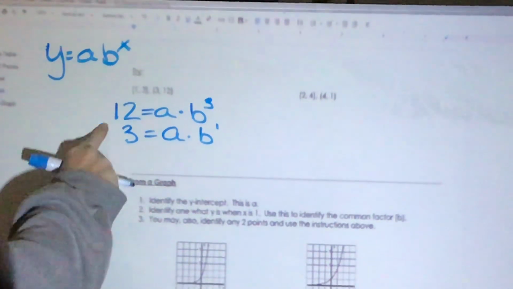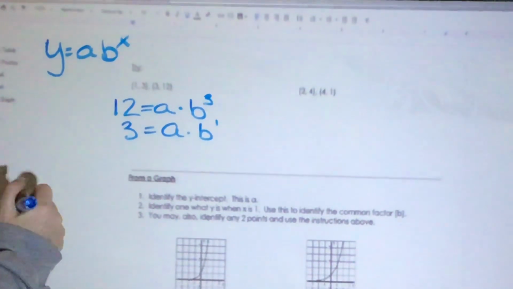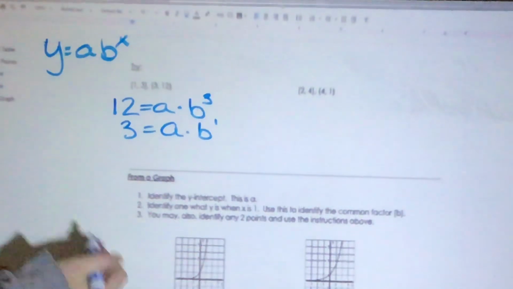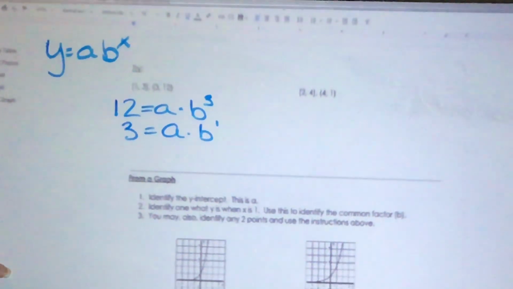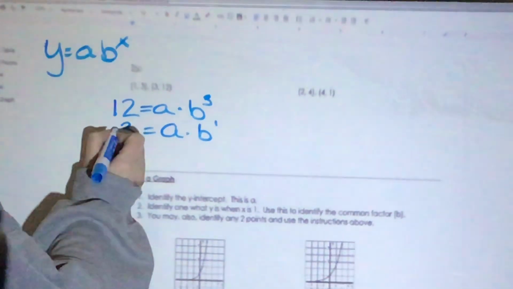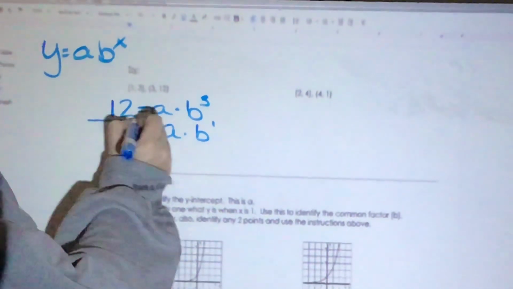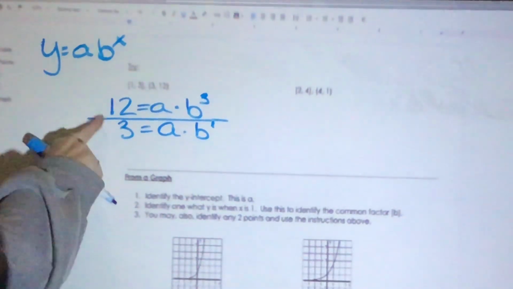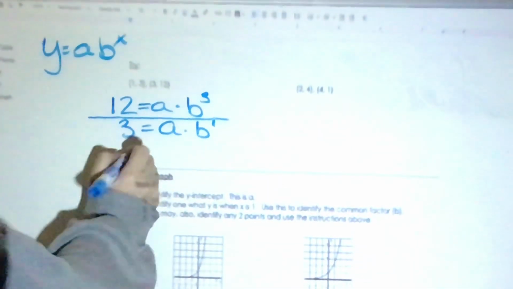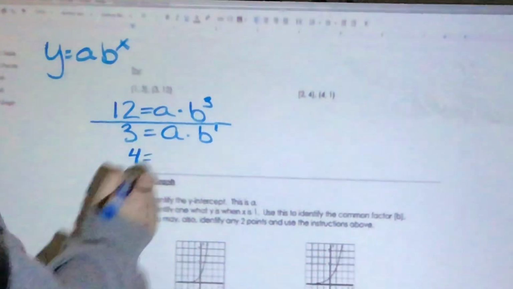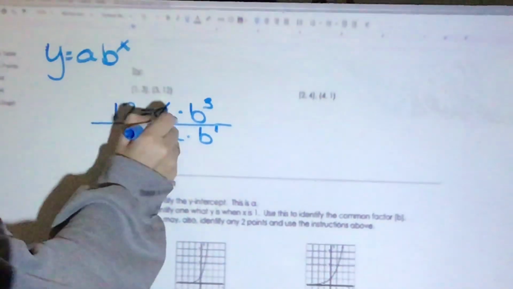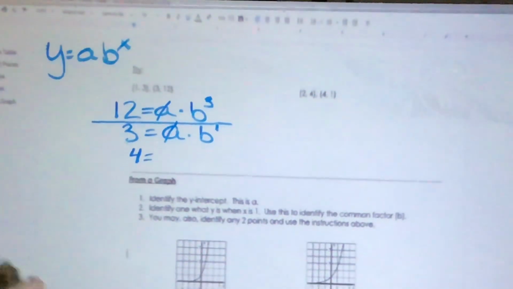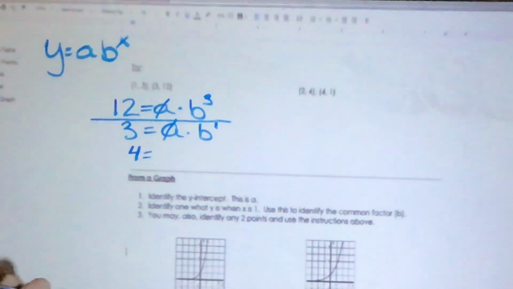These 2 equations I'm going to divide. You can add, subtract, multiply, divide equations, and the new equation that you get is also a true equation. So I'm going to divide these equations. So I'm going to make it a fraction. On this side I'm going to do 12 divided by 3 and get 4. My a's cancel out because a divided by a is just 1.